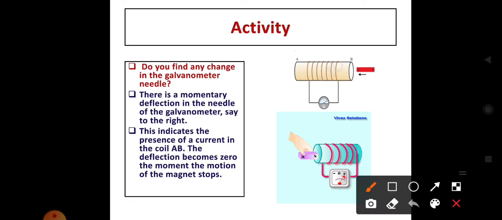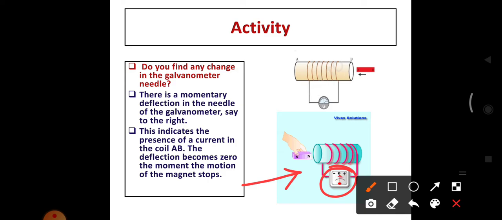So here I connected the galvanometer to this coil. When I move, see this animation. When the north pole of the magnet is moved into the coil, the galvanometer shows some deflection. So from this what do you understand?